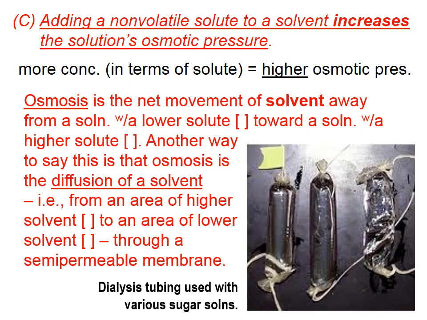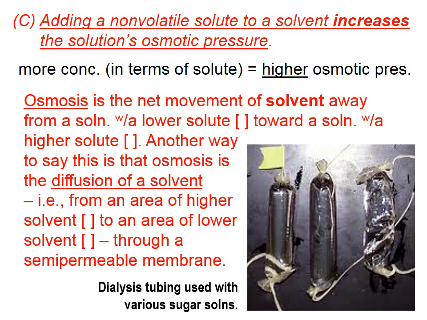When you were in school in a biology class, you might have used some dialysis tubing with various sugar solutions and found that depending on what type of solution you had inside the tubing compared to outside, the tubing would essentially maintain its shape, or would take water in such that it would have a very tight dialysis tubing, or would have a net loss of water.